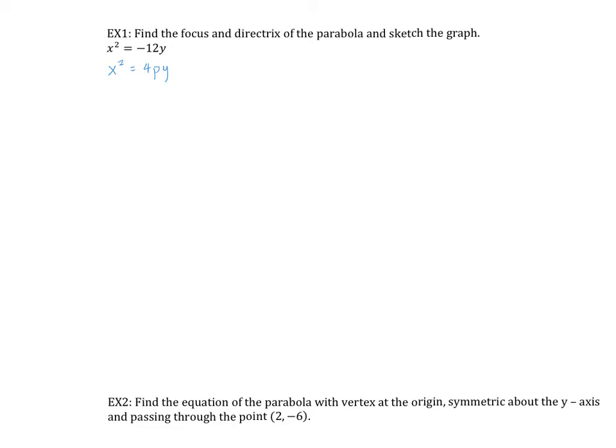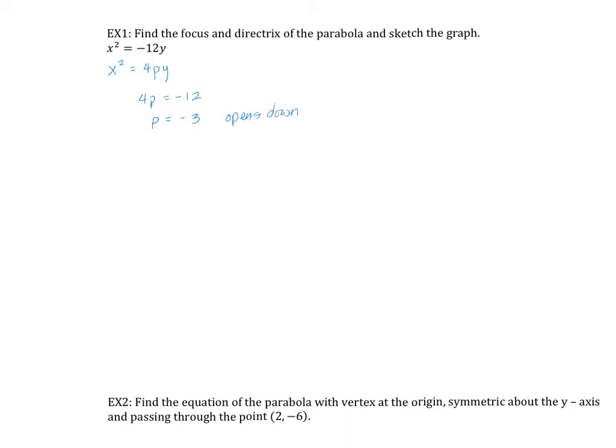So if we compare the two, that must mean that 4p is equal to negative 12, which means that our p value is equal to negative 3. Since this is an x squared, it means it's a parabola that opens up or down. And since p is negative, that means our parabola opens down.